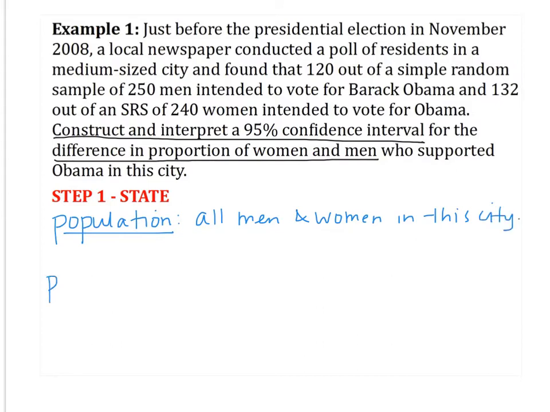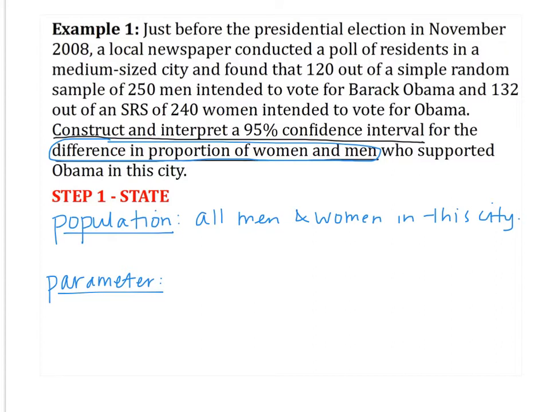The parameter is what we are trying to estimate. Well, we're looking for the difference in proportion of men and women who supported Obama in this city.